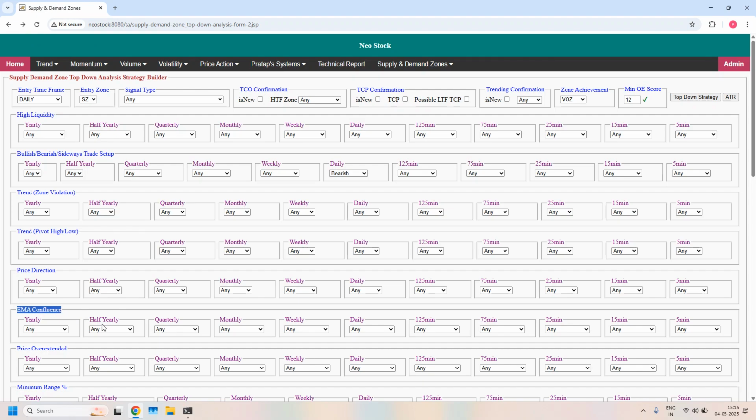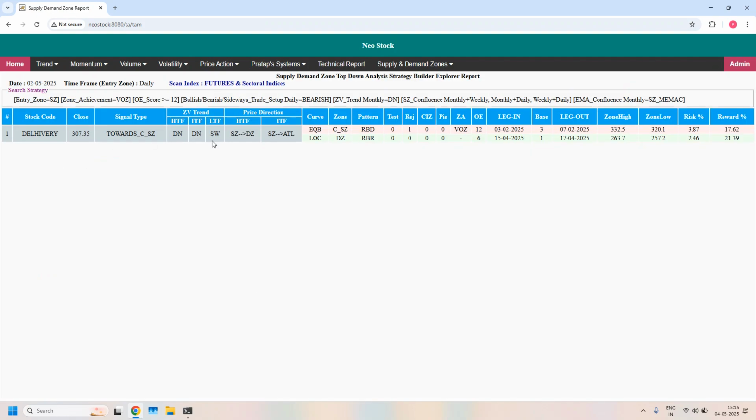In the EMA confluence at monthly time frame, checking monthly supply zone having monthly EMA confluence. At the same time, trend on the monthly should not be sideways. It should be downtrend because it is bearish trade setup. So that one stock is filtered. That means this daily supply zone has an even higher probability of success.